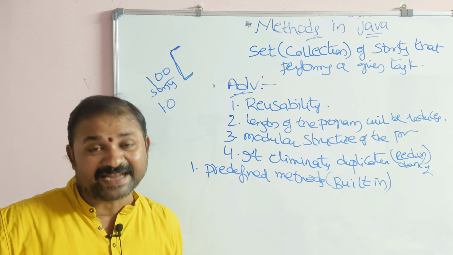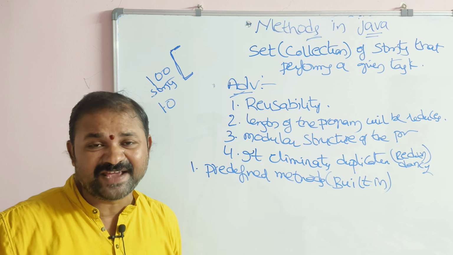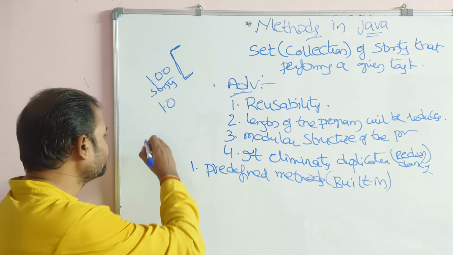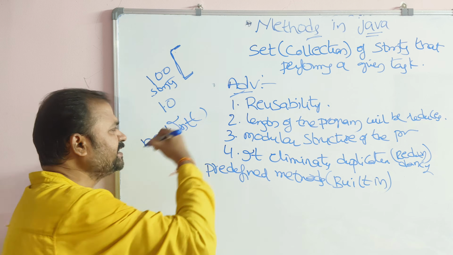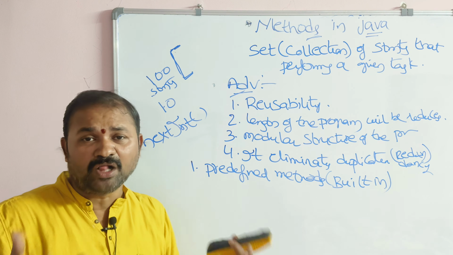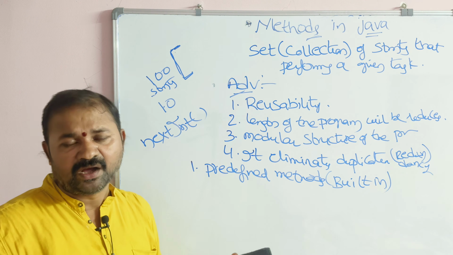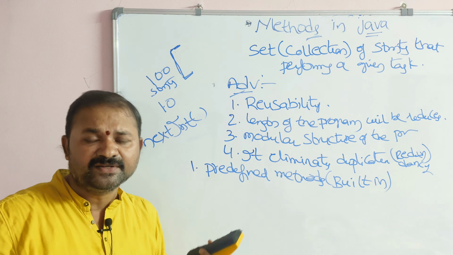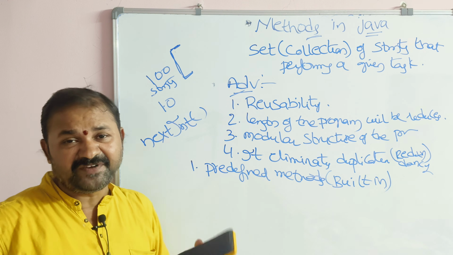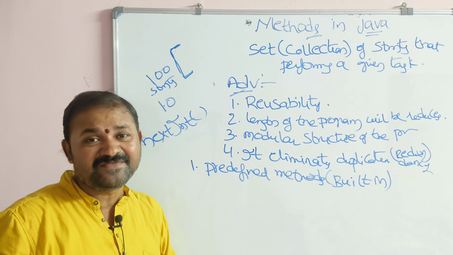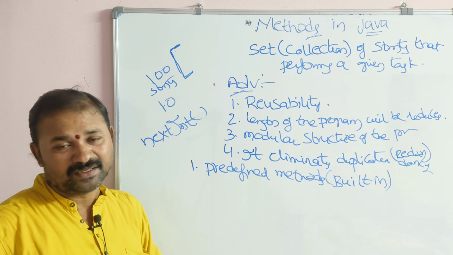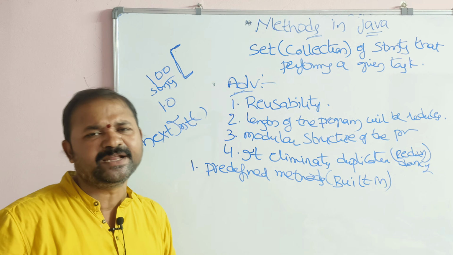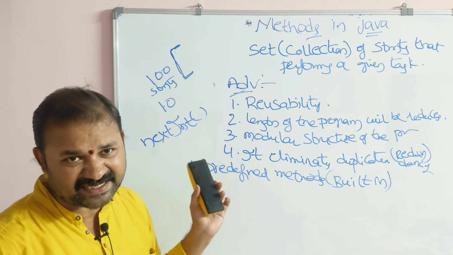If we take the Scanner class, in the Scanner class we have the nextInt method, nextFloat method, next method. All those are predefined methods. All those methods are defined by the Java compiler only. Next, if we take the String class, in String we have indexOf, lastIndexOf, charAt. So there are several built-in methods available in the classes.